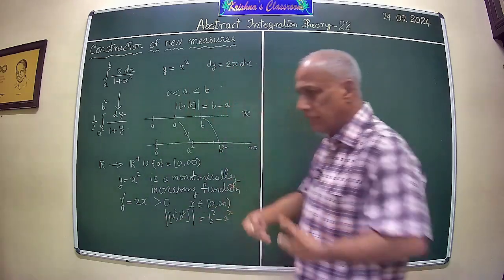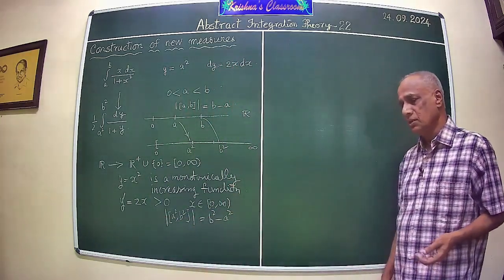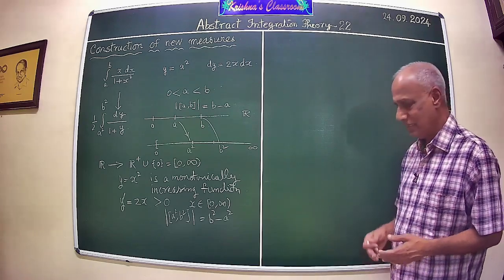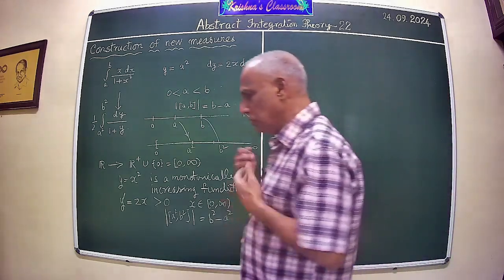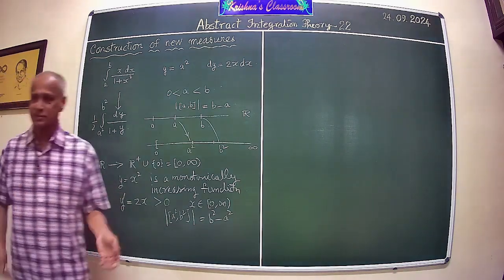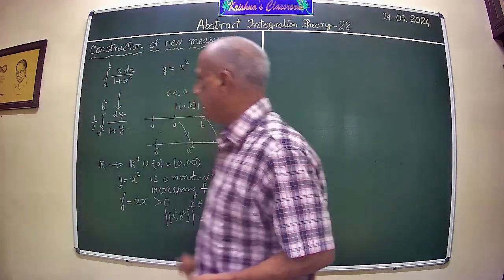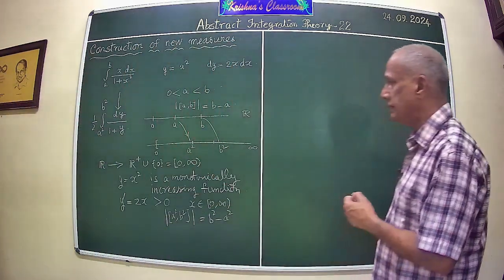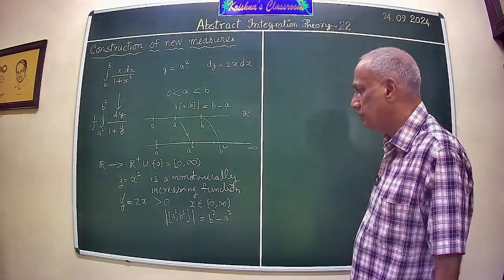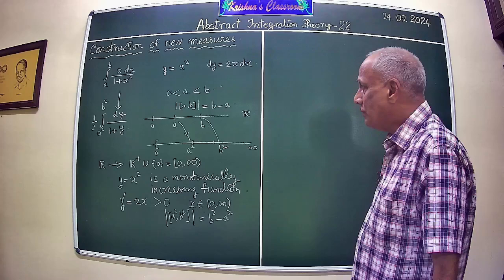So what have we done? We have introduced a new concept of length on the half line, which has been induced by the transformation y is equal to x square. Okay. So that gives some versatility.